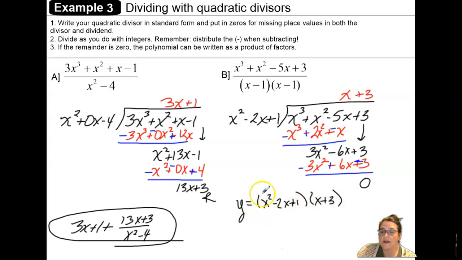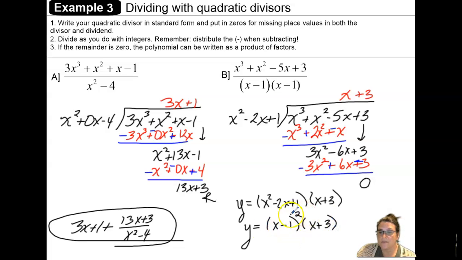And I already know how to factor the divisor because it was given to me originally in factored form, x minus 1 times another x minus 1. So to completely factor this, I would represent this trinomial as x minus 1 quantity squared, and then my linear factor of x plus 3.